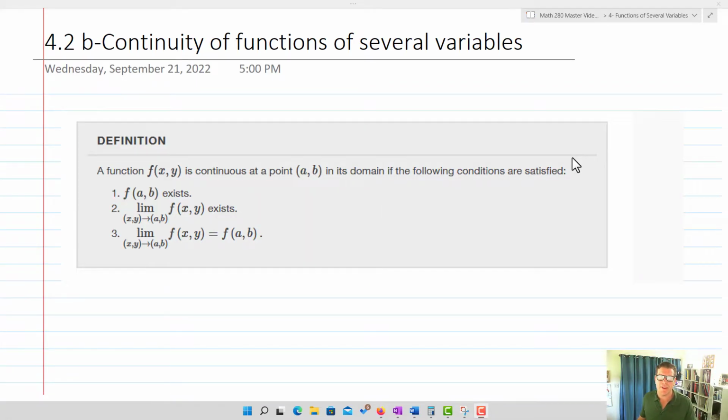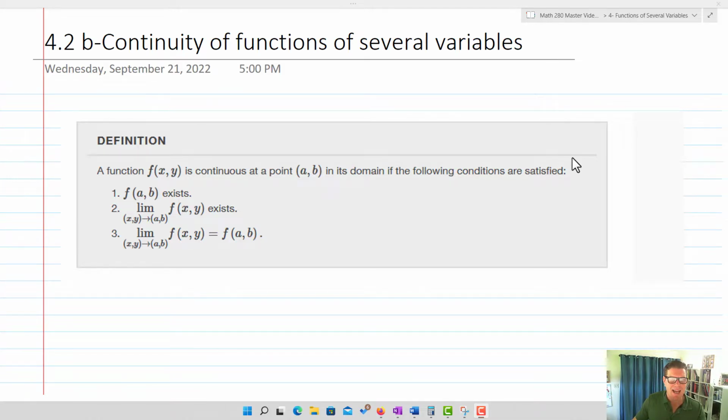Let's get started. We're going to start out with our definition for continuity. A function f(x, y) is continuous at a point (a, b) in its domain if the following conditions are satisfied. First, f(a, b) exists. That's a requirement. If you remember from Calc 1, f(a, b) had to exist. Second, the limit as (x, y) approaches (a, b) of f(x, y) exists, so we also have to have the limit.